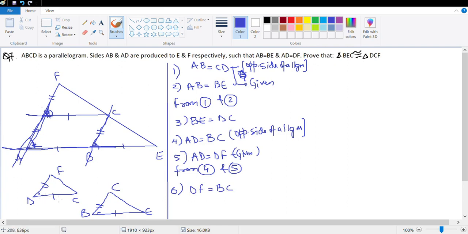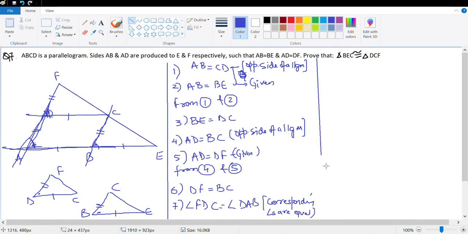Let me try and prove these two angles equal. So number 7, angle FDC is equal to angle DAB. Why? Corresponding angles are equal. Done. So I've got this correct. Let's look at the next one.